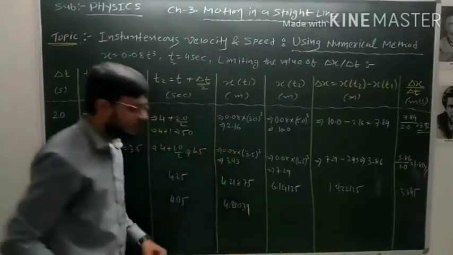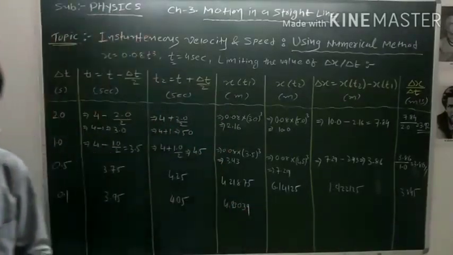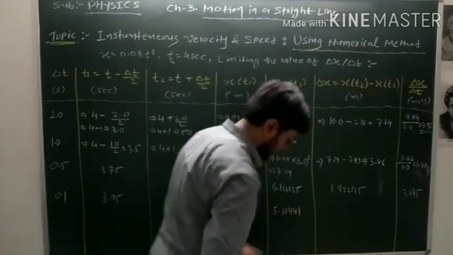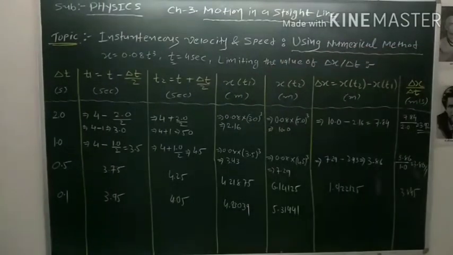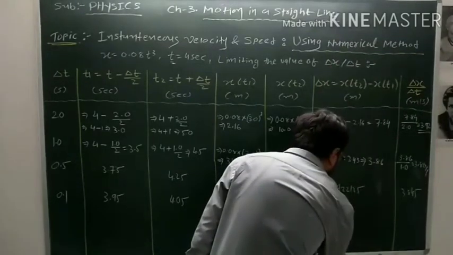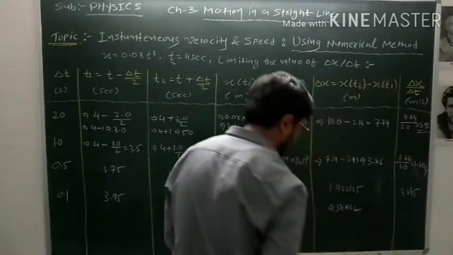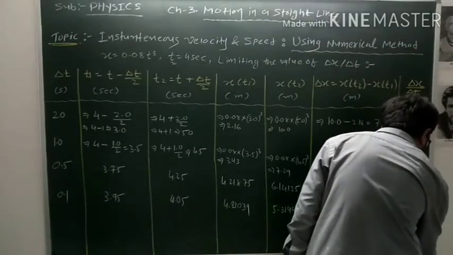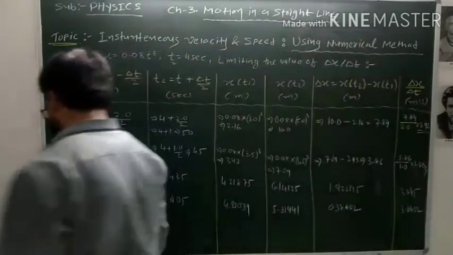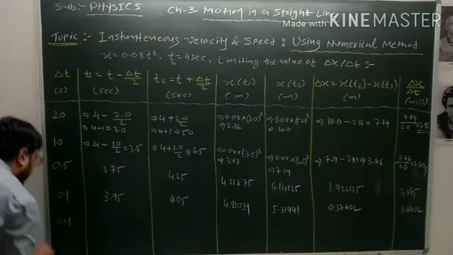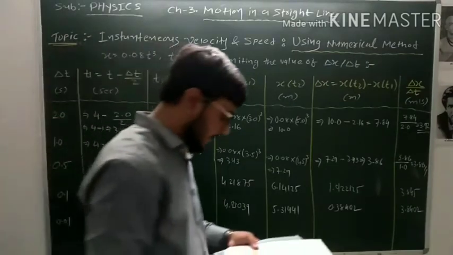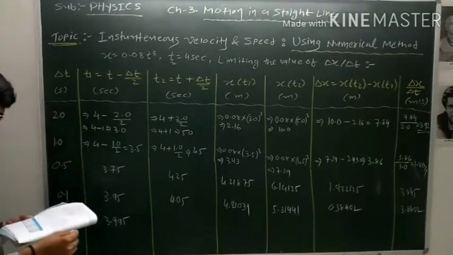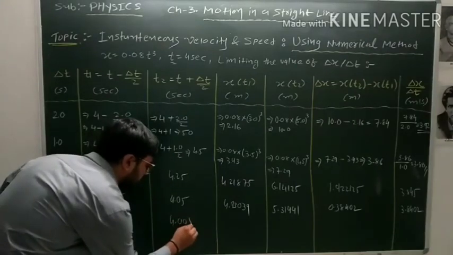You can do it by yourself using a calculator. Then 5.31441, then 0.38402, then 3.8402. Finally, we take delta t equal to 0.01. So t1 we get 3.995, then t2 is 4.005.